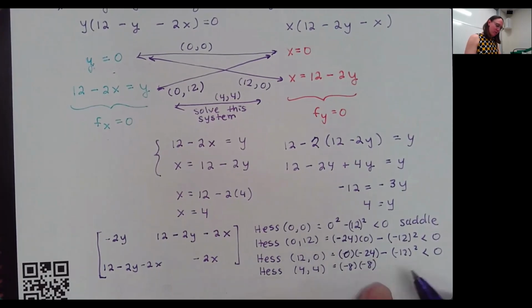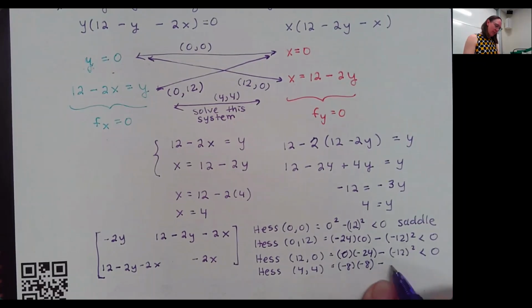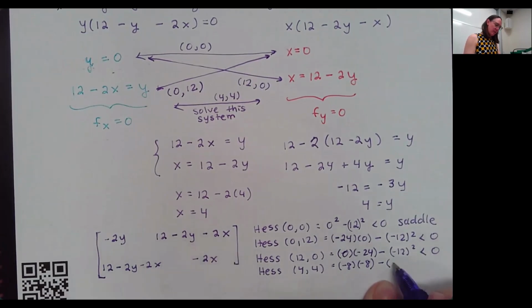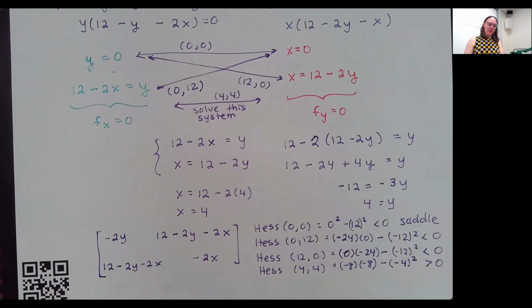At 4, looks like I'm concave down in both directions. And does it overcome the twist part of it? 12 minus 8 minus another 8. So minus 4 squared. Yep. I get that we are at a relative maximum at 4, because we're concave down in both directions.